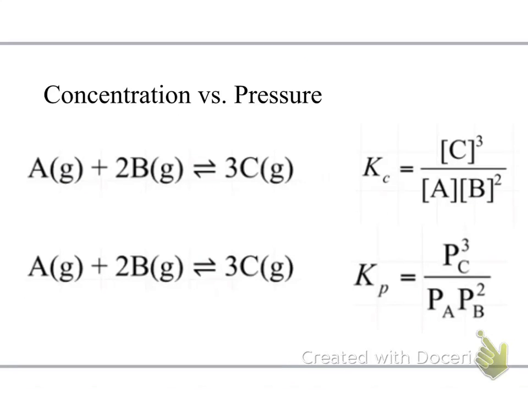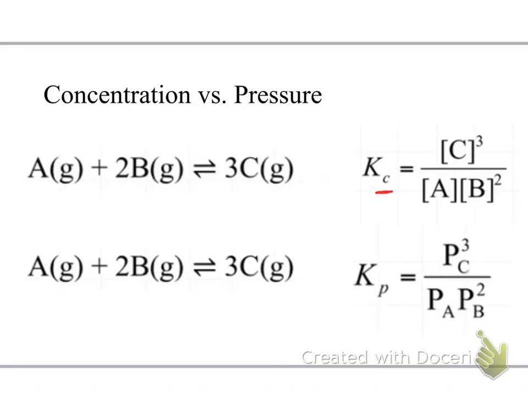Or I could write a Kp, which is the pressure of C raised to its coefficient in the balanced equation over the pressure of A raised to its coefficient and the pressure of B raised to its coefficient.